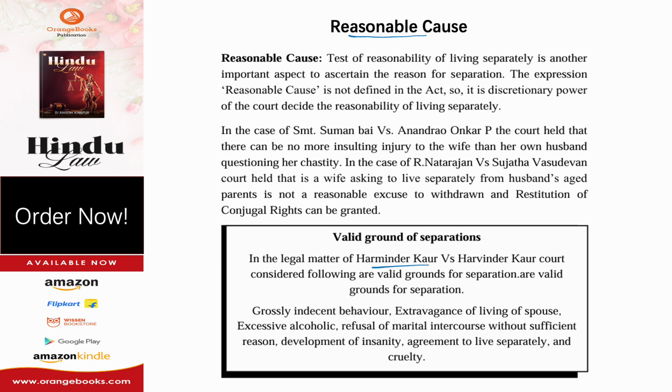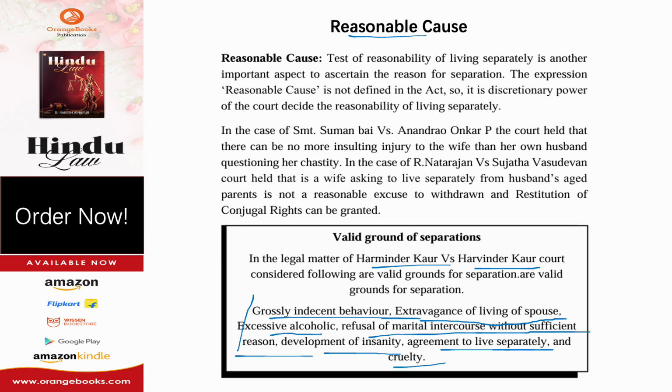In the case of Harminder Kaur versus Harvinder Kaur, the court has given a few reasons for separation. One is grossly indecent behavior, extravagance of living of the spouse, excessive alcoholism, refusal of marital intercourse without any sufficient reason, development of insanity, agreement to live separately, and cruelty.